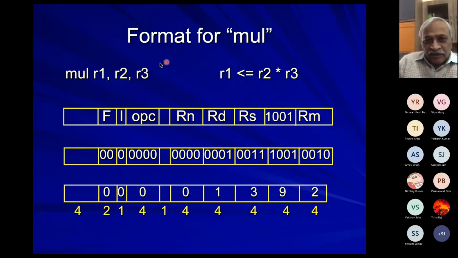But this instruction, multiply R1, R2, R3, will get coded like this. F is still 0, I is 0, OPC is all zeros, and this is 1001, this is crucial, and the registers are specified in these three fields.